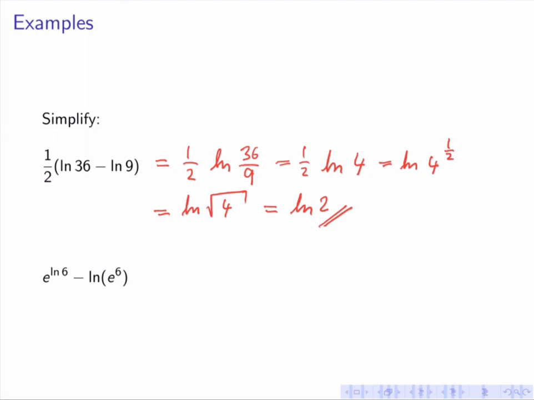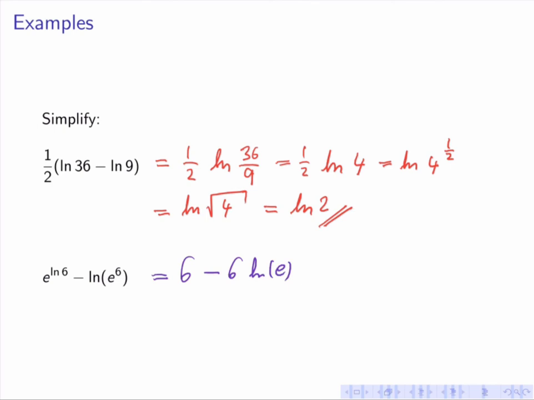So in the first, the ln is the inverse function of the exponentiation. So e to the ln 6 is just 6. So the first term is 6. For the minus term, we apply the rule that log of e to the 6 is 6 times log of e, 6 ln of e.